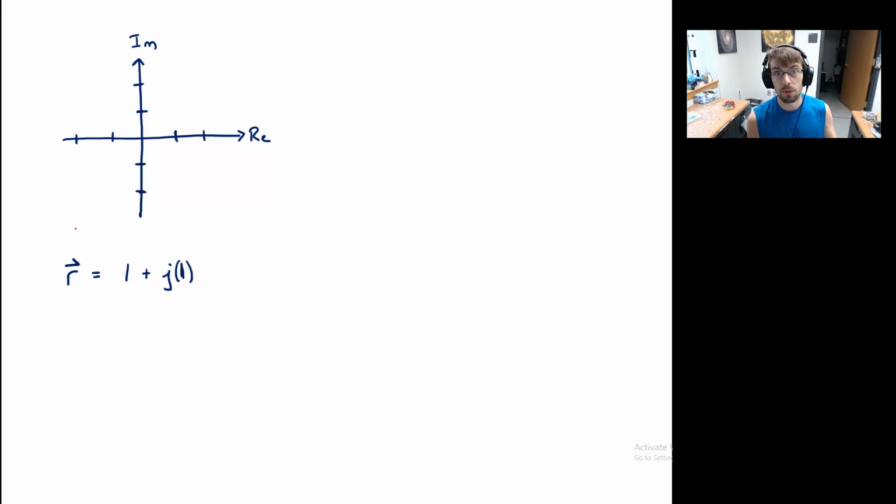Vectors that give you 3 coordinates in space. Here we are thinking of a vector and it gives a coordinate in the real direction, 1, and a coordinate in the imaginary direction, 1. And so that vector in the complex plane would be pointing in this direction.